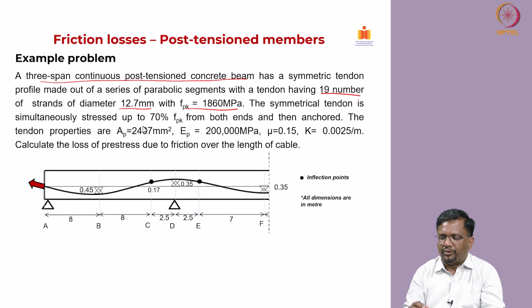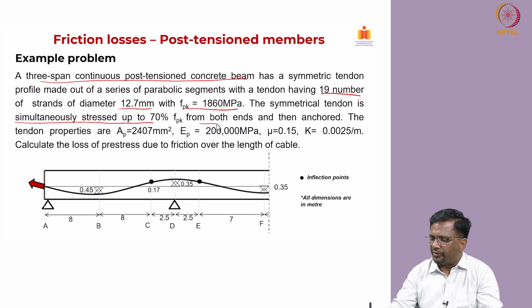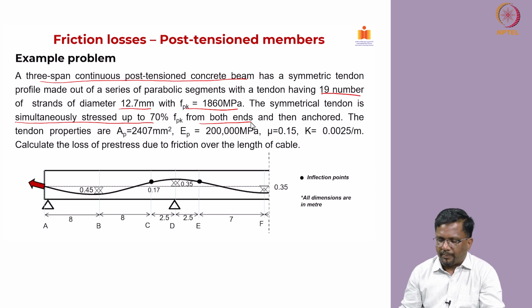Note this word, simultaneously stressed. What is the meaning of that? There is not going to be any elastic shortening. When you do only sequential stressing, you will have elastic shortening. In this case they are simultaneously stressed from both ends, and then they are anchored.